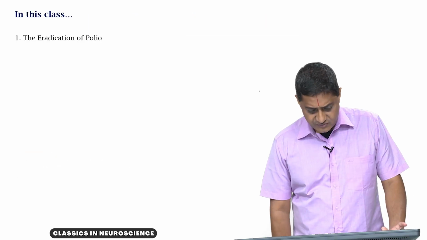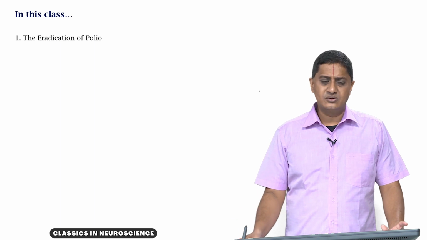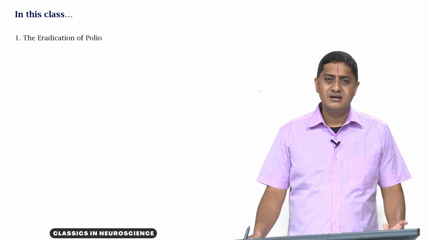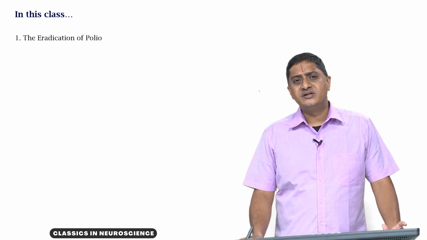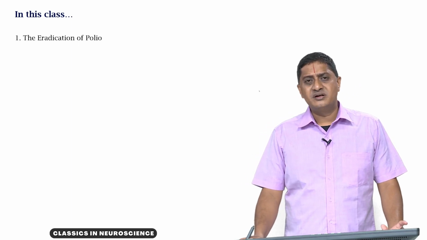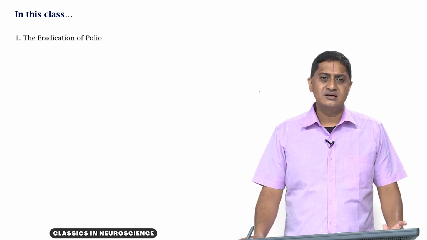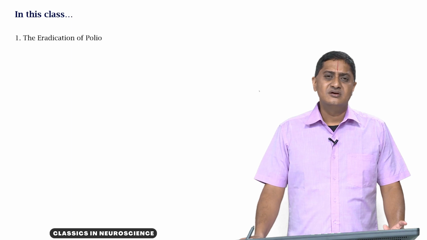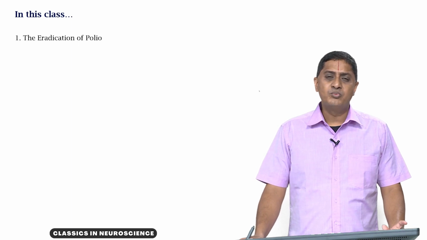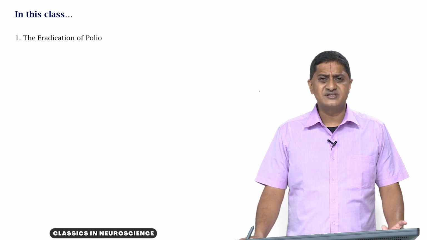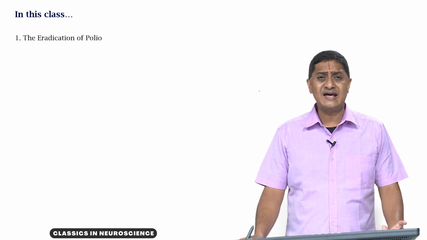In this video, we will take a slight detour and look at the eradication of polio, because no discussion of the development of the field of neuroscience or neurology would be complete without the description of how polio was eradicated, because in the 1940s and 1950s this was a scary disease.